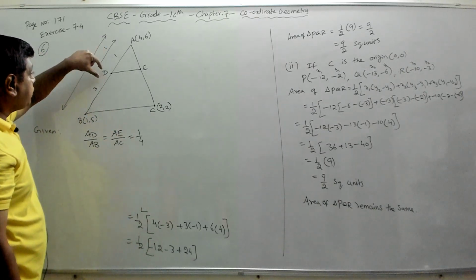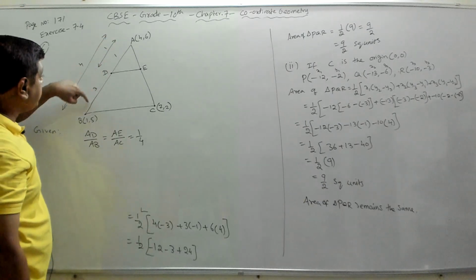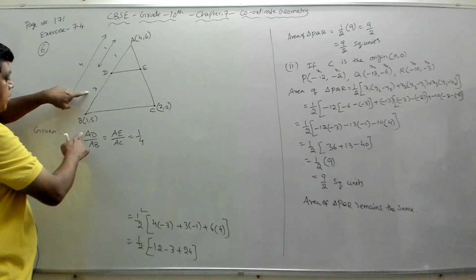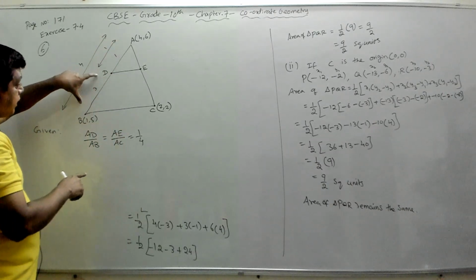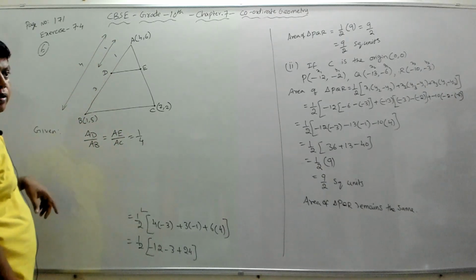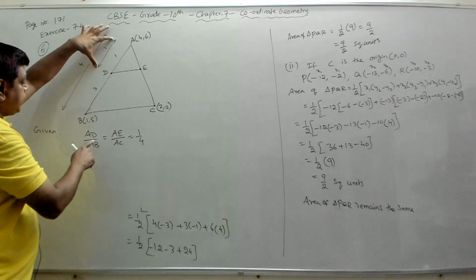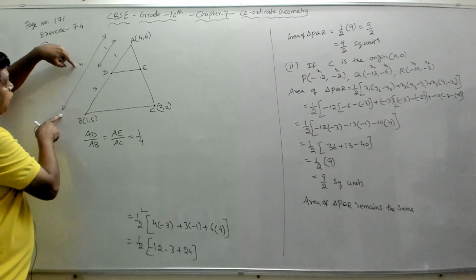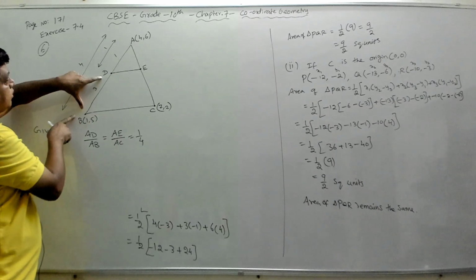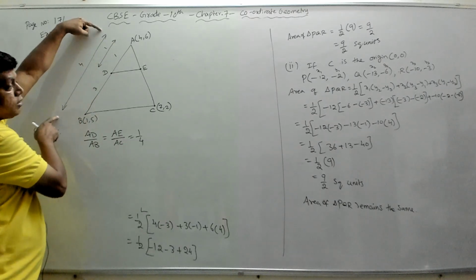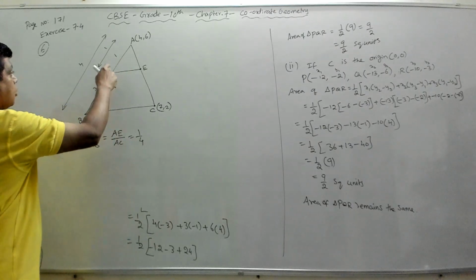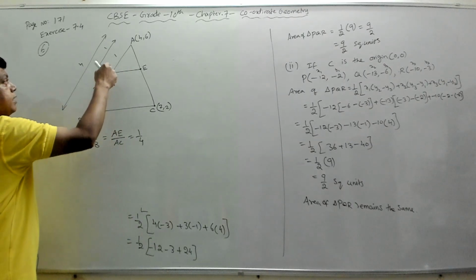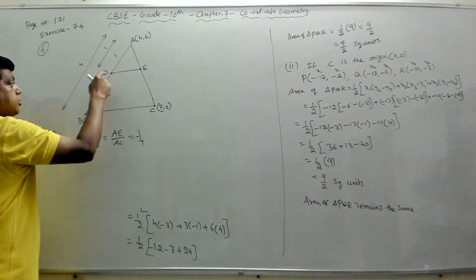So this means D divides AB in the ratio 1:3. If this is 1 and this is 3, then only we can say the full length is 4.